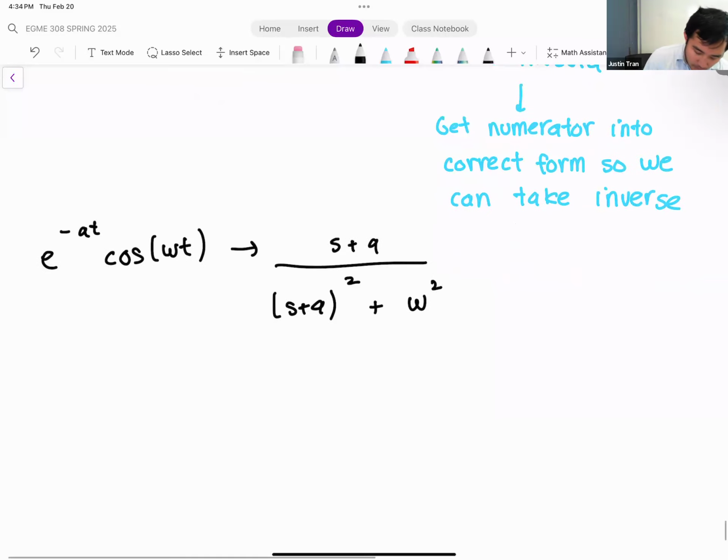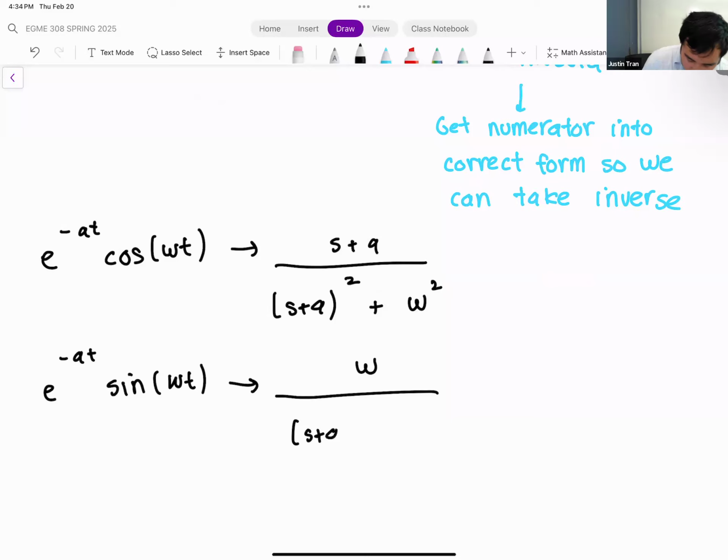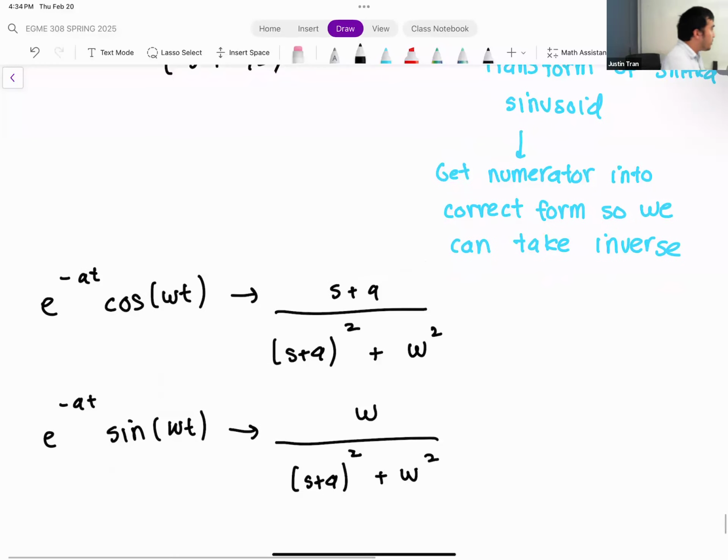And e to the minus at sine omega t, the transform for this is omega divided by s plus a quantity squared plus omega squared.